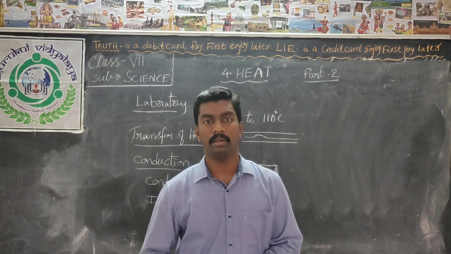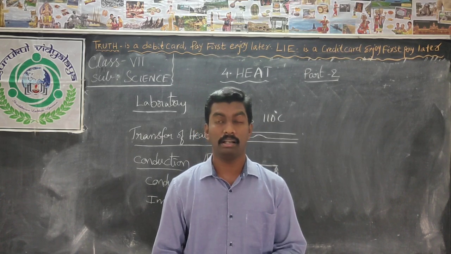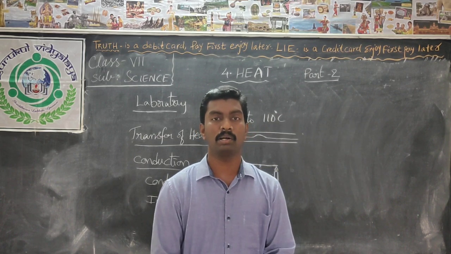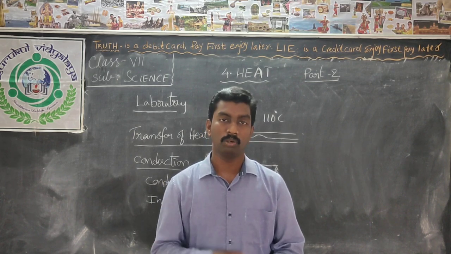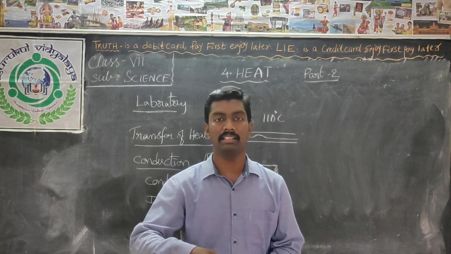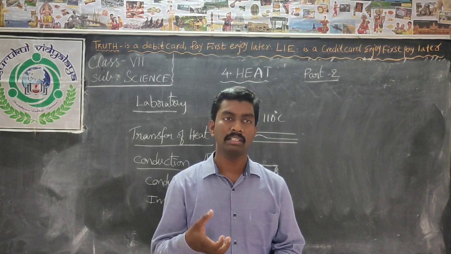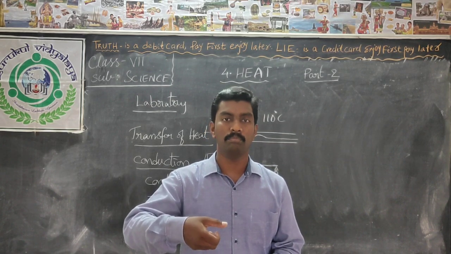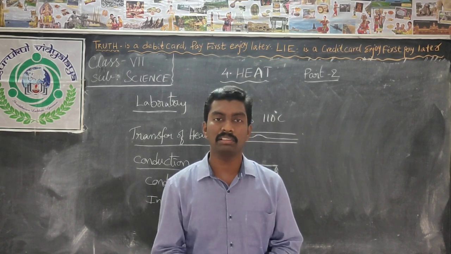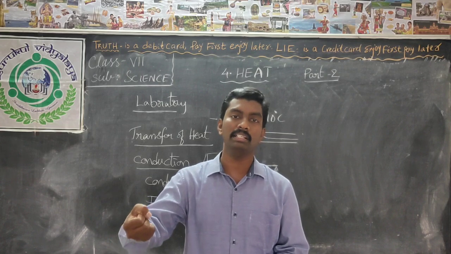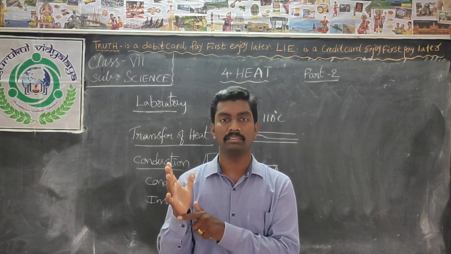You can understand this if you observe the handle of a cooking pan. The handle will not be a metal thing; one plastic coating will be there on the handle. So what is happening there? It just gets a little warm, but it is not a good conductor. If it were a good conductor, what would happen? When we touch it, our hand would immediately get burned.